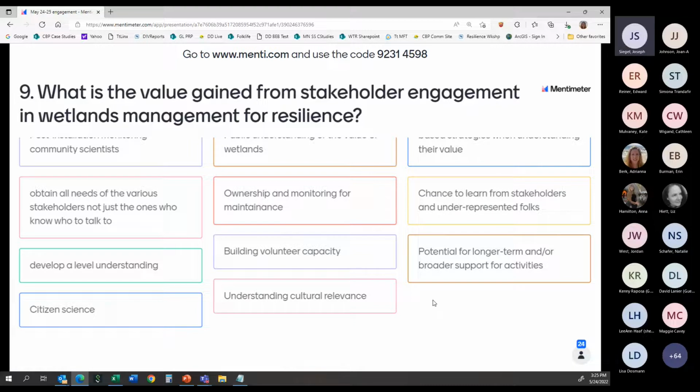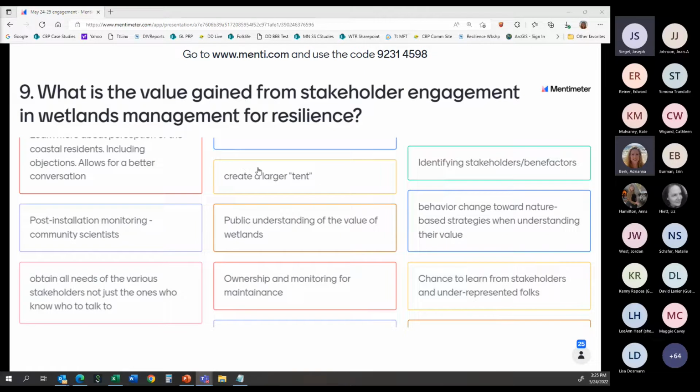We heard from Kate earlier, I think it was Kate, one of our speakers, about the value of volunteers, stakeholders, potential for longer term and or broader support for activities. It's great. Cultural relevance. It's very important that we understand that.